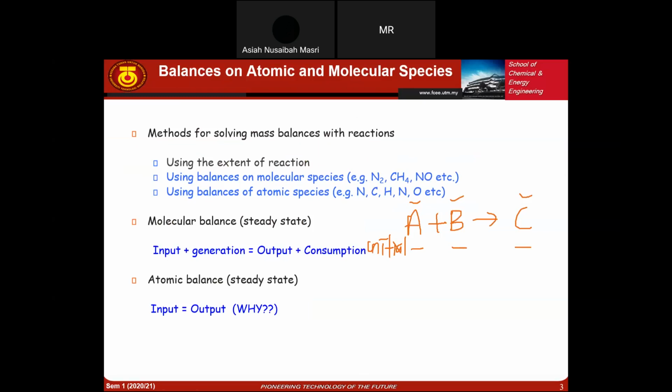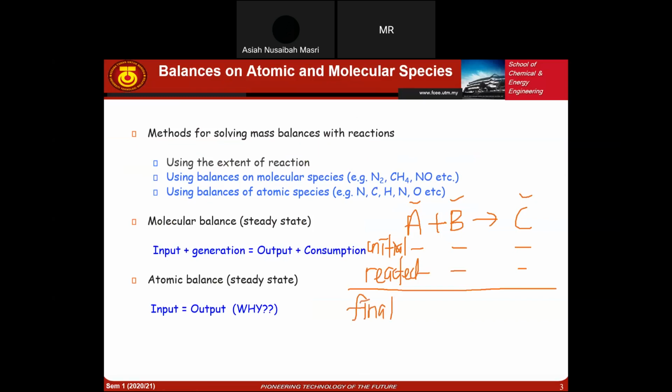And then by knowing the limiting and excess reactant, we can calculate how much A and B reacted. So here we have how much reacted. From there, we will also know how much C is produced. So we will know how much A reacted, how much B reacted, and how much C produced. From all of this information, we can know the final value.